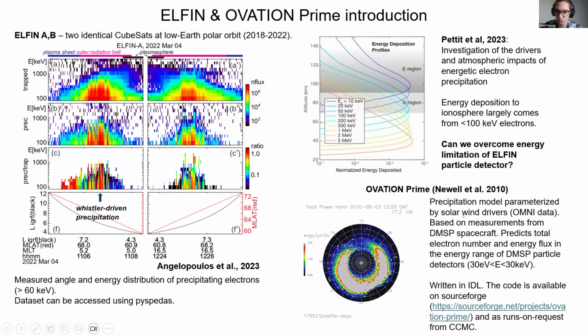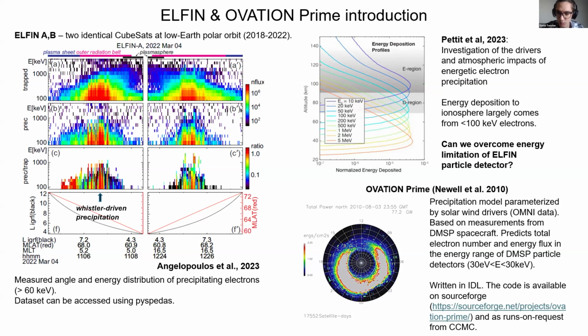So it can predict, using Omni input data, electron number and energy precipitating fluxes in the energy range just below what is available at Elfin. It's written in IDL. Elfin data is mostly available in PySpeedus, so we want to try to use this IDL model to somehow create an additional dataset for Elfin data.